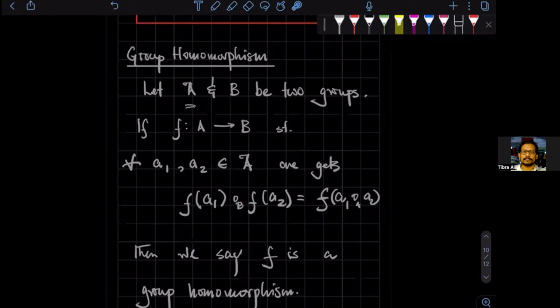If it does, that means the multiplication structure we see in the argument of this map is preserved under the mapping. And that's why we call it a group homomorphism. Otherwise, it would just be a homomorphism.